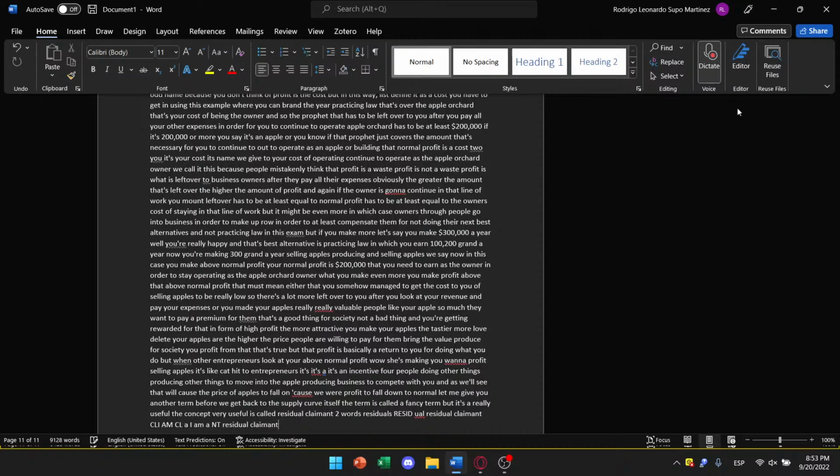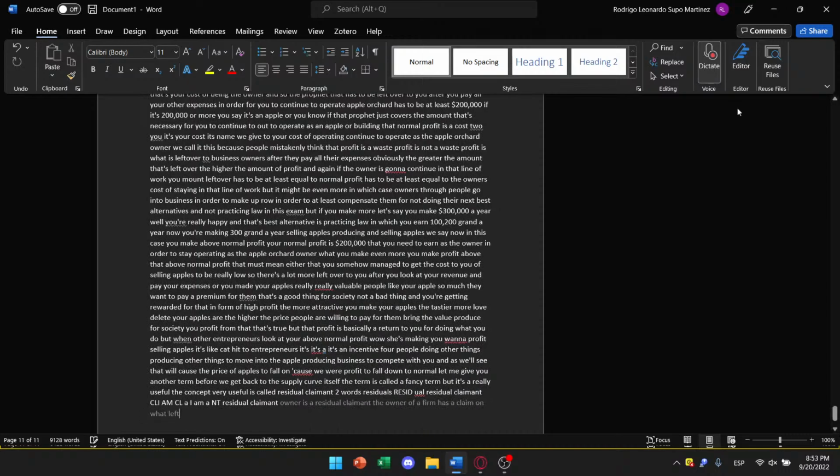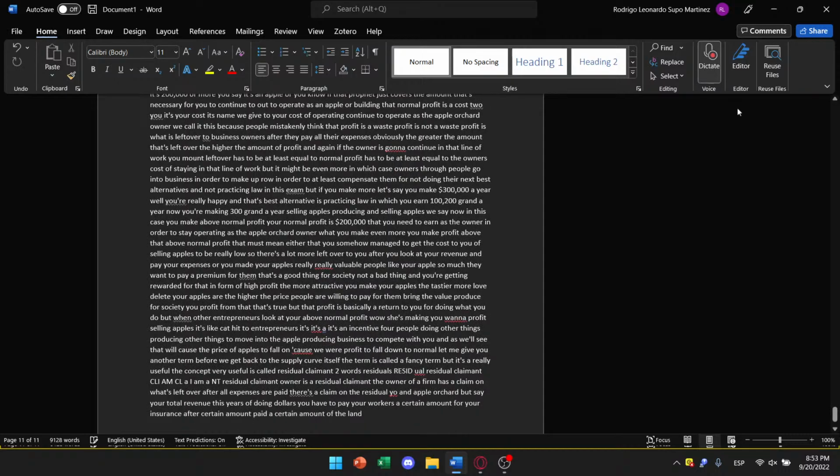An owner is a residual claimant. The owner of a firm has a claim on what's left over after all expenses are paid. There's a claim on the residual. You own an apple orchard, let's say your total revenue this year is $1 million. You have to pay your workers a certain amount, pay your insurance agent a certain amount, pay a certain amount for the land, pay all that in dollars.